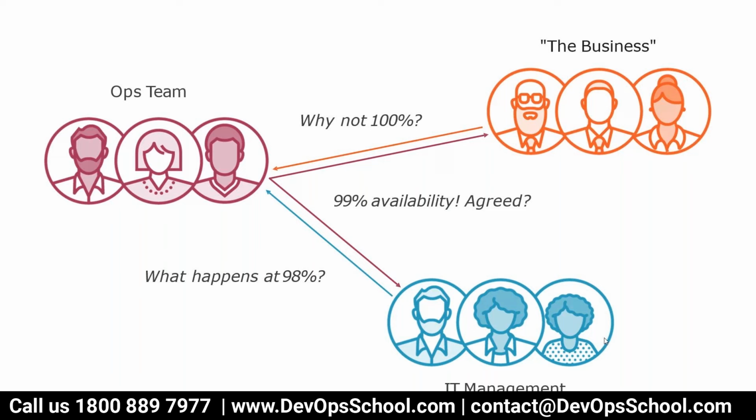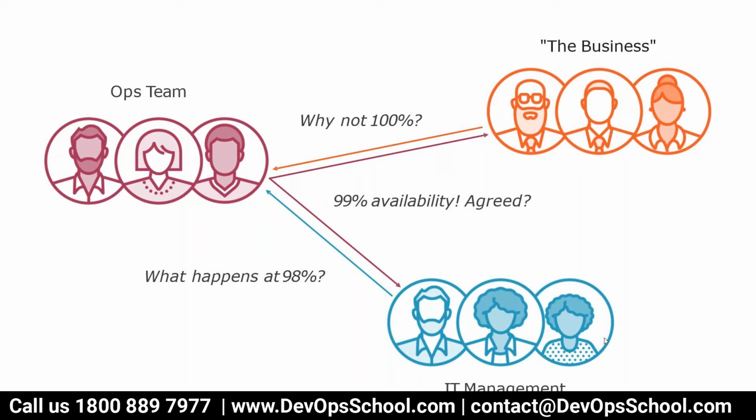Okay, but if you look at the SLI, which you have got from the monitoring tool, you get, let's say, 98%. And here we have the SLO target, which is 99% availability, which was agreed, right?